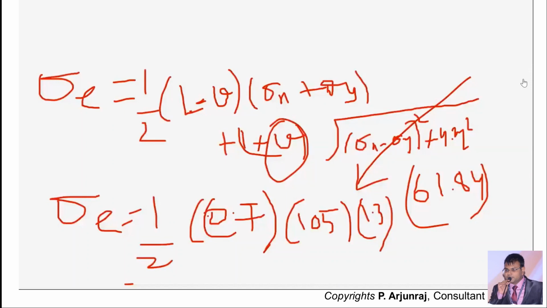Is there any calculation error from my side? I'm not getting the 76.95, but the answer is correct. If I'm not wrong, the sigma x minus sigma y whole square plus 4 into tau xy square, I've directly taken the value, which we have already solved using the maximum shear stress theory, it's going to be 61.8.